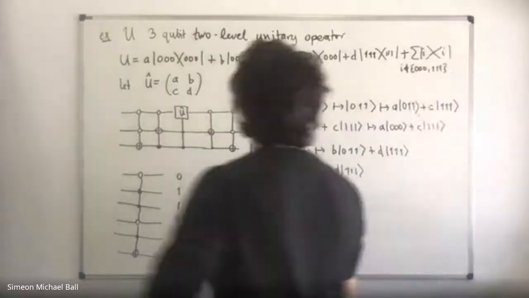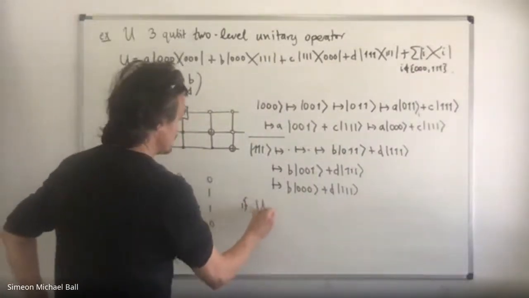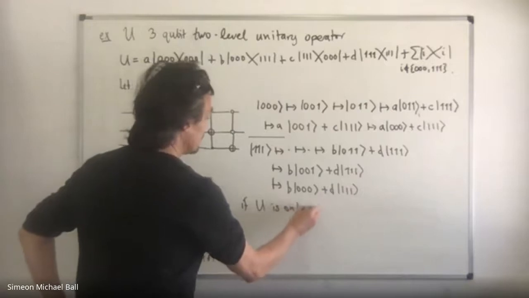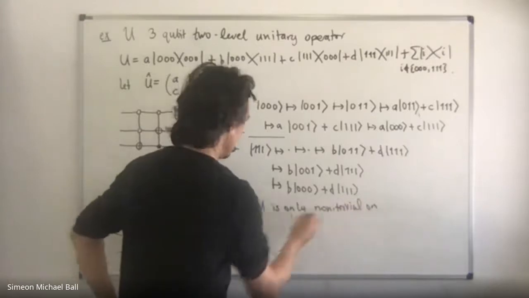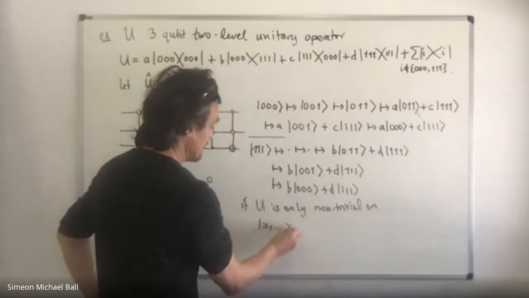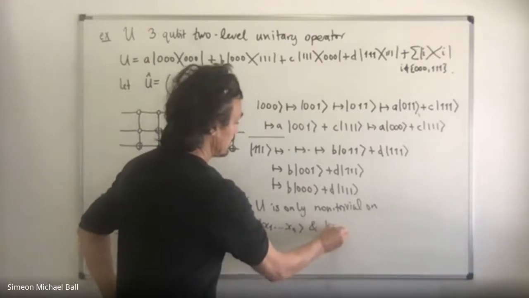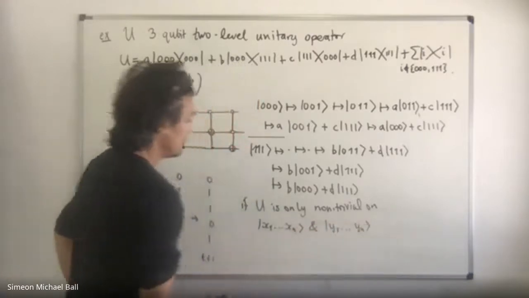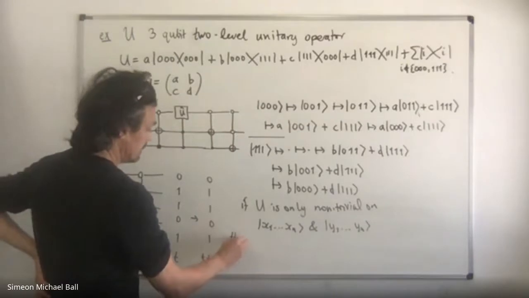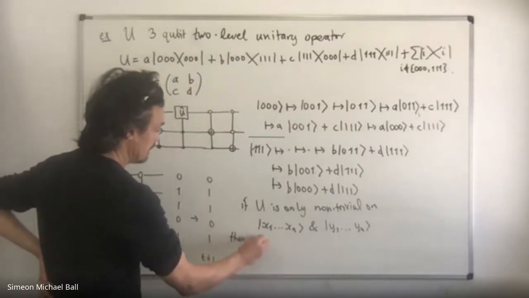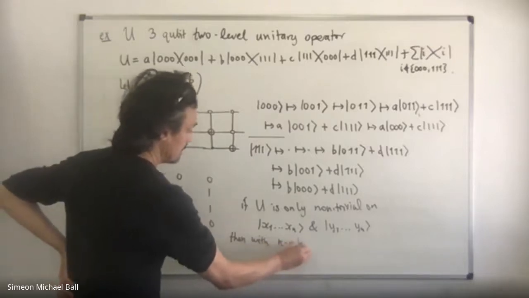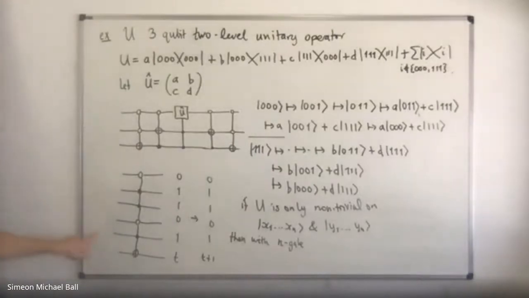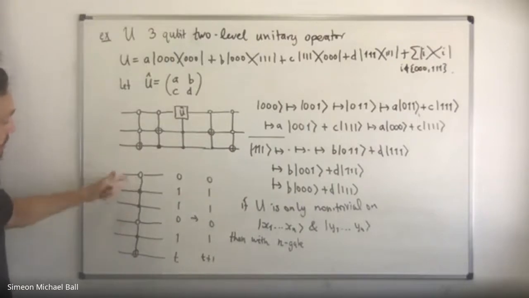Well, the idea is if U is only non-trivial on, let's say, x1 to xn and y1 to yn, then let's call these things generalized Toffolies, because instead of just taking the control, we can also take the control on 0.